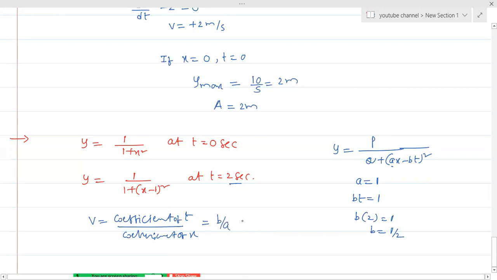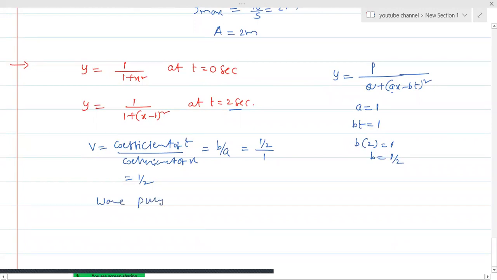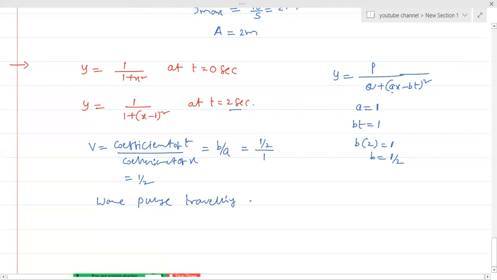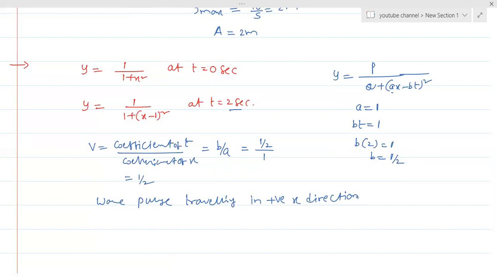So b by a means 1 by 2 by 1, that is equal to plus 1 by 2. So therefore the wave pulse is traveling in the positive x direction. In this way, we will understand a wave.